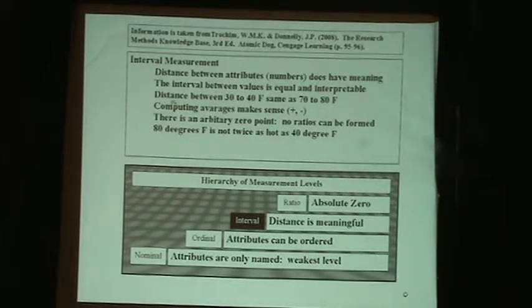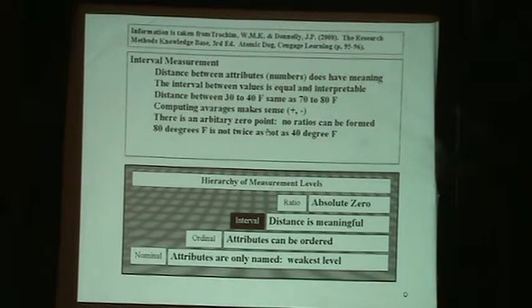As an example, the distance between 30 to 40 degrees Fahrenheit is the same as the distance between 70 to 80 degrees Fahrenheit. Computing averages with interval data makes sense, so we can do addition and subtraction. But with interval data, there is an arbitrary 0 point, and so no ratios can be formed.